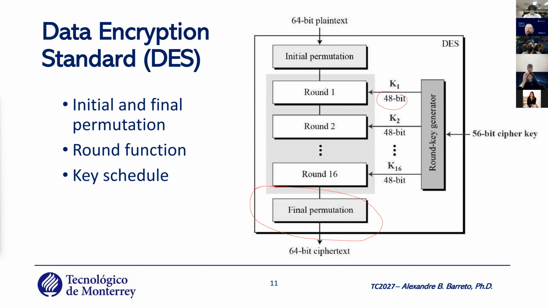In round one, you make two operations: permutation and substitution. In the substitution, you use a key with 48 bits, sorry. Until you have the 64-bit cipher text.